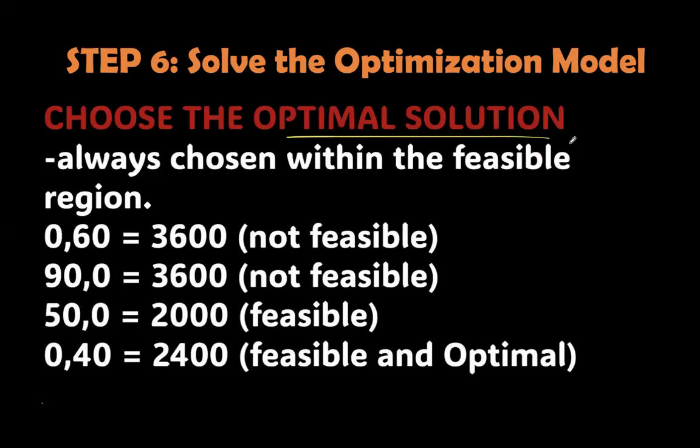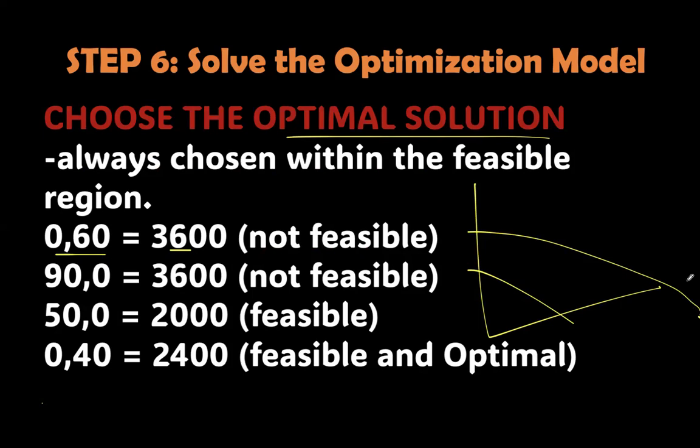Now, you have to evaluate and choose the optimal solution. Since we have the results already, for the 0, 60 region it will become 3,600, and you will need to identify if it is feasible or not. If you remember our linear graph, this will be your labor and this will be your material.